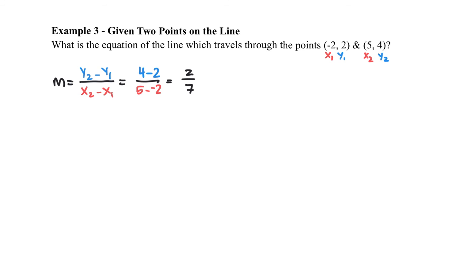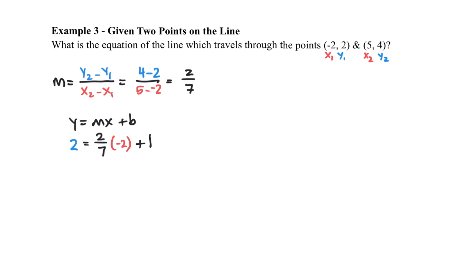Okay, there's my slope. Now, to find my y-intercept, you can use this set of coordinates or this one. Doesn't matter. Your choice. So y equals mx plus b. What do I know? I'm going to go ahead and use just this first point right here. So I know that my y value is 2. My slope is 2/7, plugging in from here. My x value is negative 2.